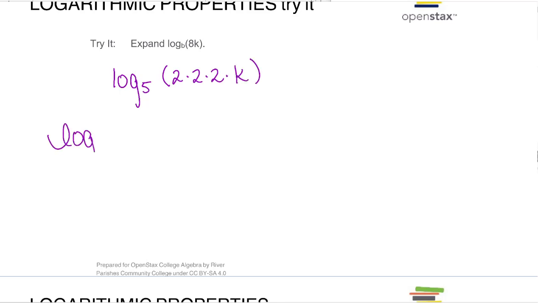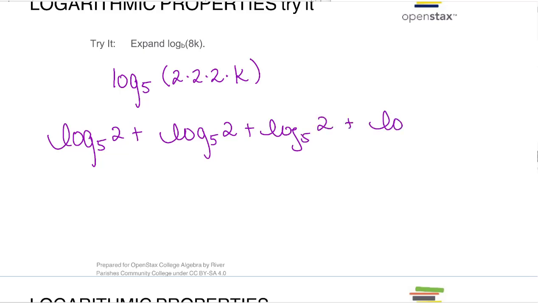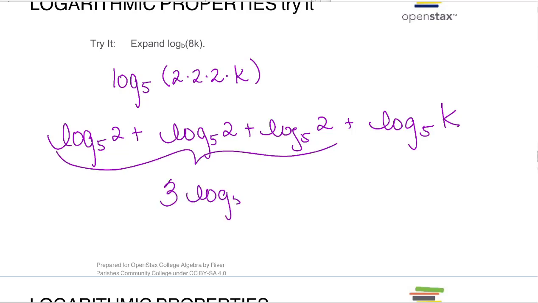So this would be log base 5 of 2 plus log base 5 of 2 plus log base 5 of 2 plus log base 5 of k. And there are 3 log base 5s of 2, so I can rewrite that as 3 times log base 5 of 2 plus log base 5 of k.